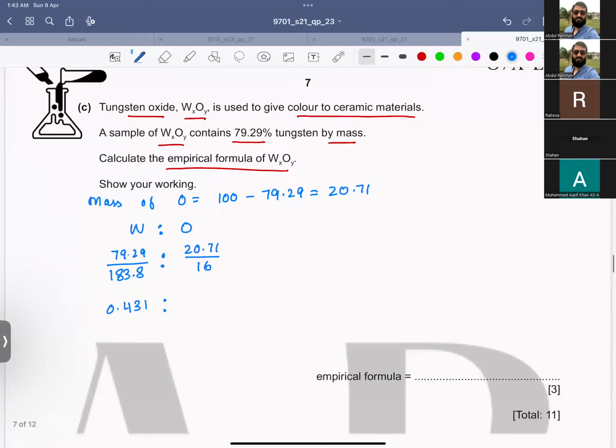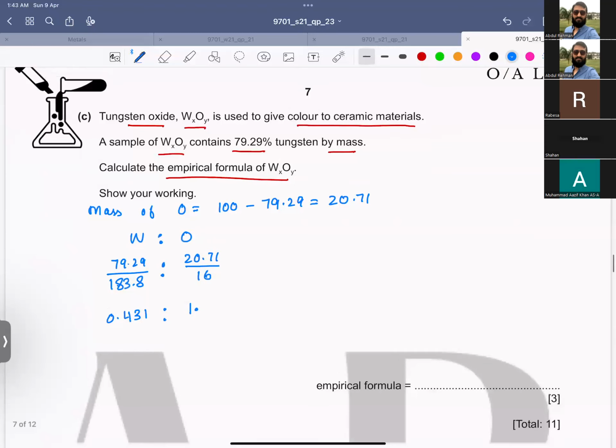For oxygen, 20.71 divided by 16 gives 1.29. The smaller value is 0.431, so we divide both values by 0.431.